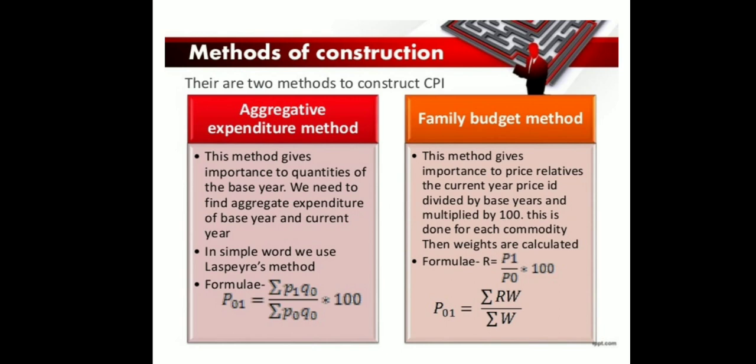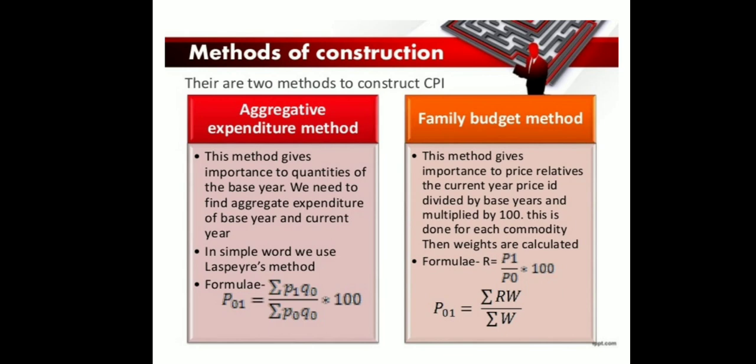The problem arises because the general index numbers we have learnt in the previous classes fail to give an exact idea of the effect of the change in the general price level on the cost of living.